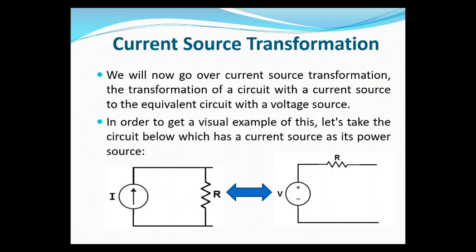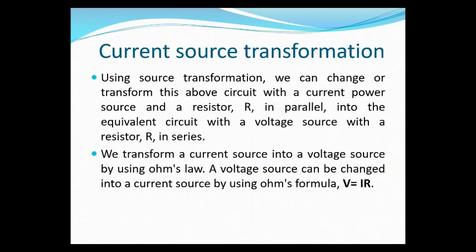But the voltage is given by the same Ohm's law formula, V is equal to IR. So the current and resistance are multiplied, and whatever the voltage is, that voltage is in series with the resistance.